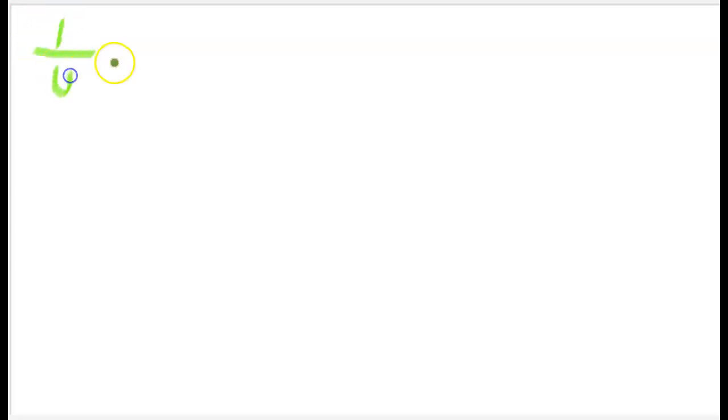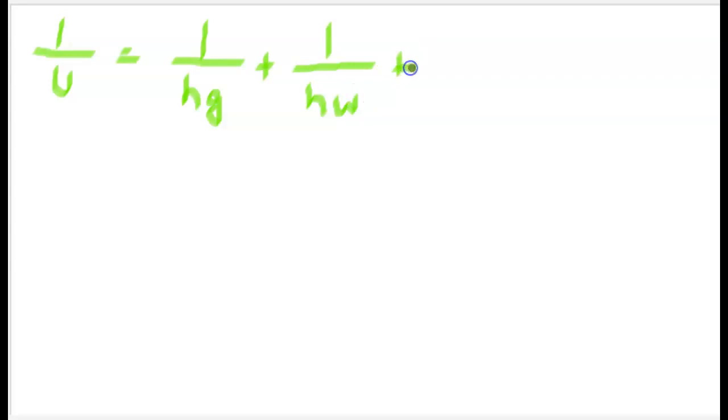So 1 over U is equal to 1 over the coefficient for the gas plus 1 over the coefficient for the water plus the term because of conduction, which is x over k, where x is the thickness of the cylinder and k is the conductivity constant. Now in the question it says it's a thin wall.